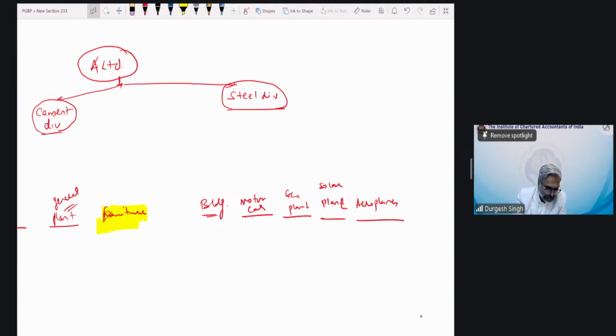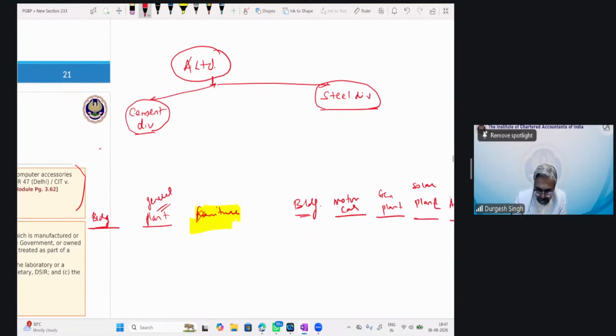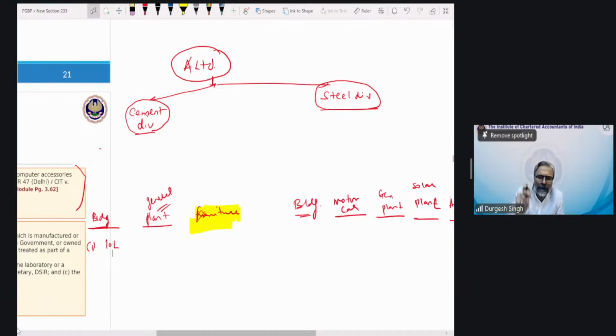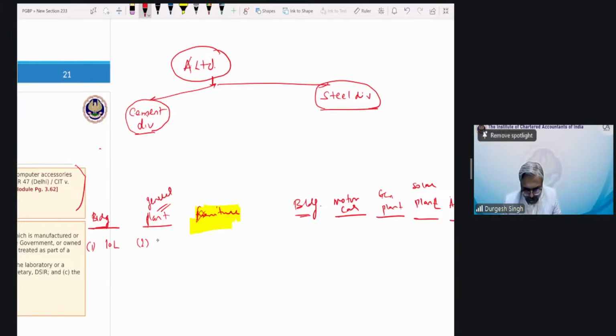Now, with that particular proposition, all of you, please have a look. This is one, in the bracket I'm writing 1, and here I'm writing 10 lakhs. In the bracket is the number of units, students. For general plant, 2 units, the total value is, say, 20 lakhs.